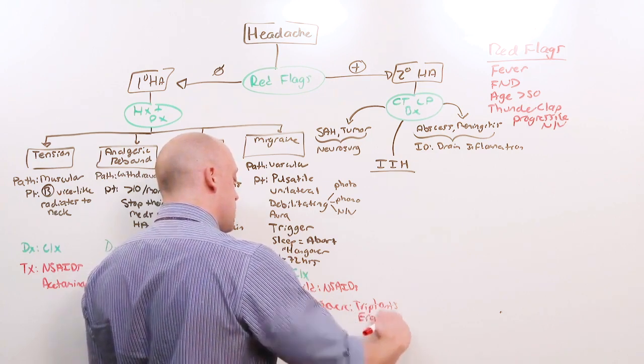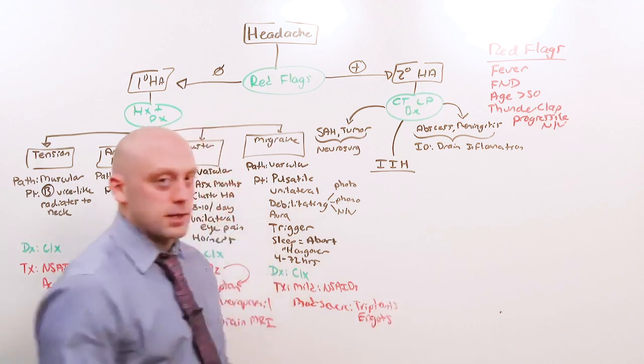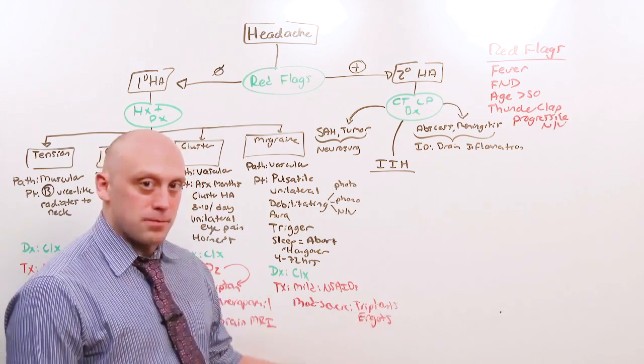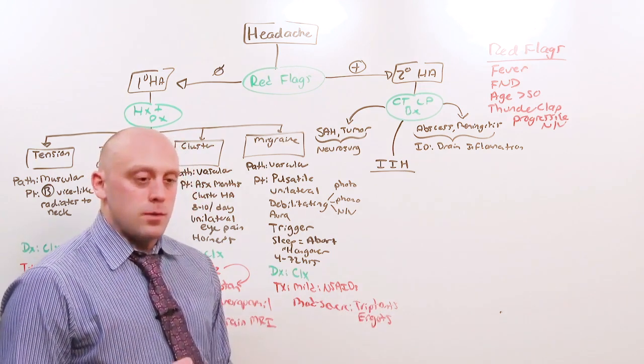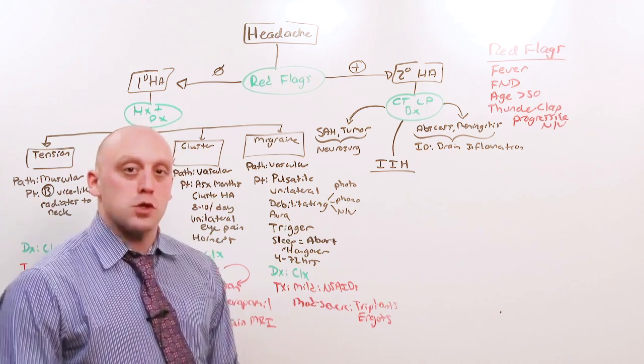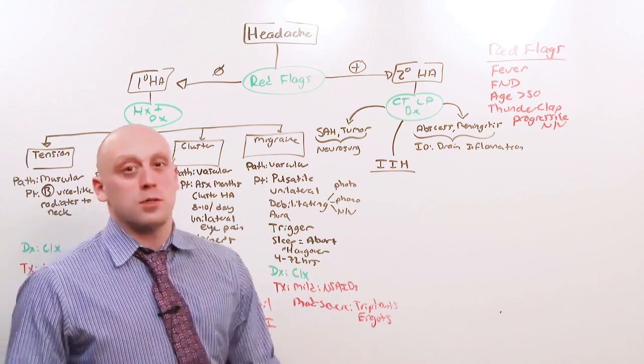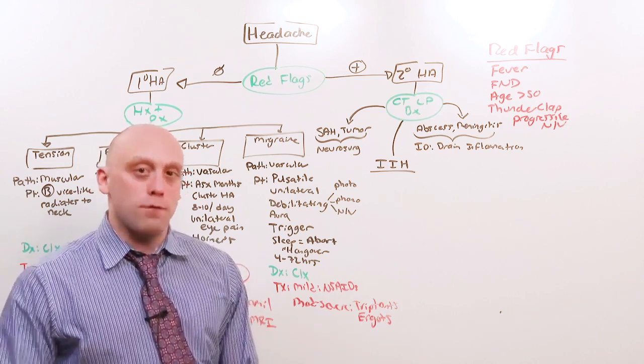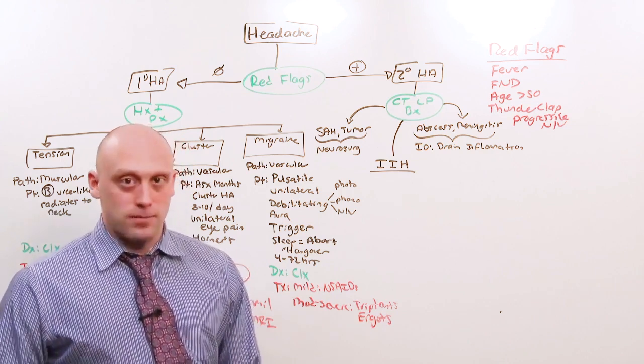Ergots are okay too. Be careful of using triptans and ergots in coronary artery disease because these cause vasospasm. Butalbital compounds should be avoided. Fioricet's an awesome drug. People love to use it, but medically and on the test, you should avoid that stuff entirely.